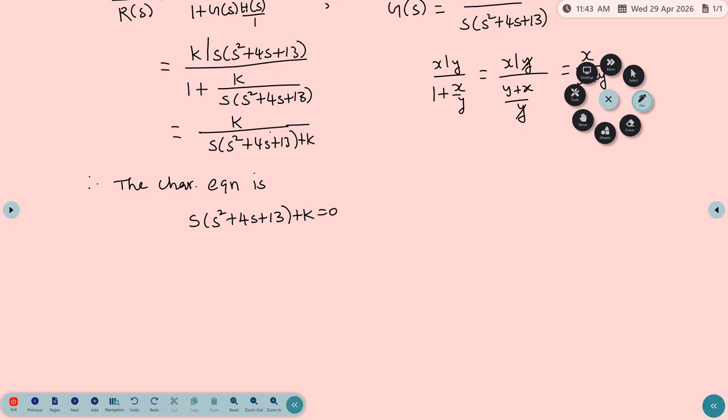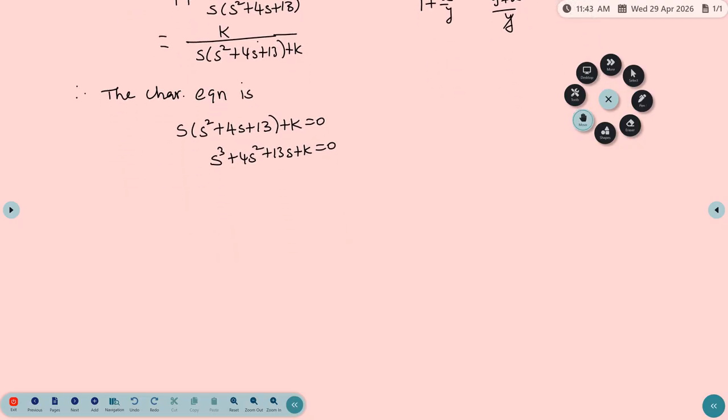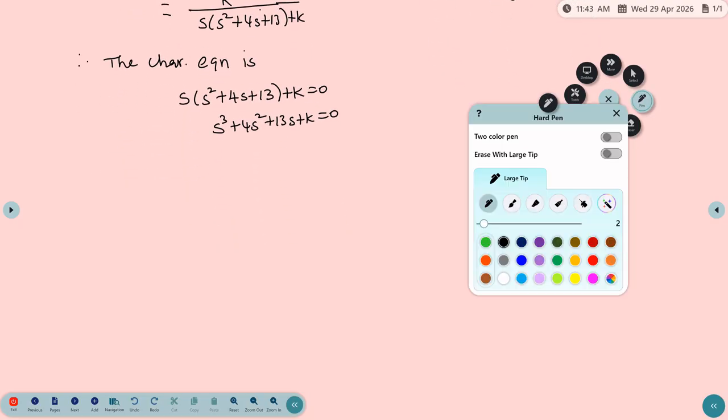So if you are multiplying this S within the bracket, S cube plus 4S square plus 13S plus K equal to 0. So to find the breakaway and the break-in points, first we need to identify the characteristic equation from the given open loop transfer function.